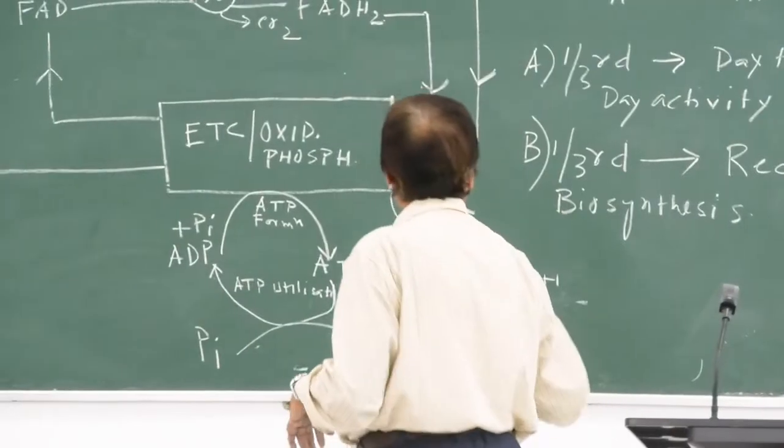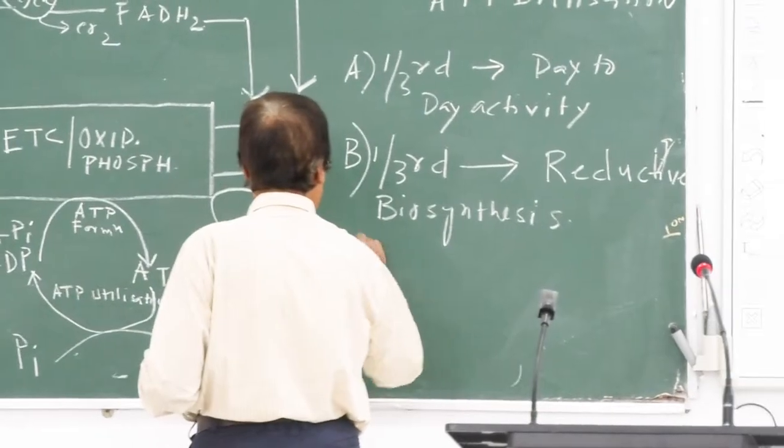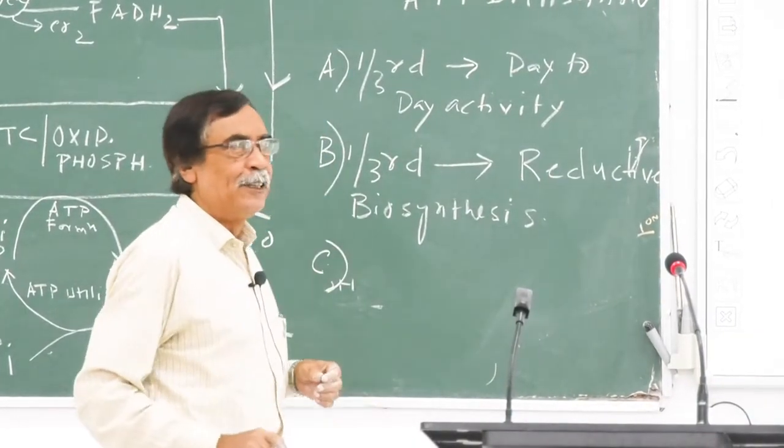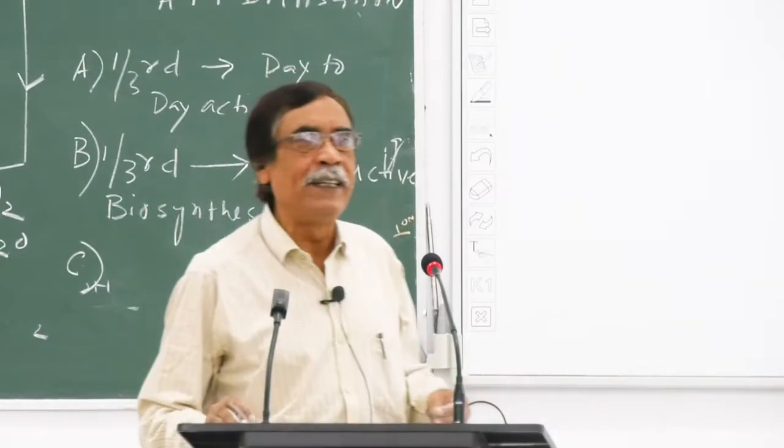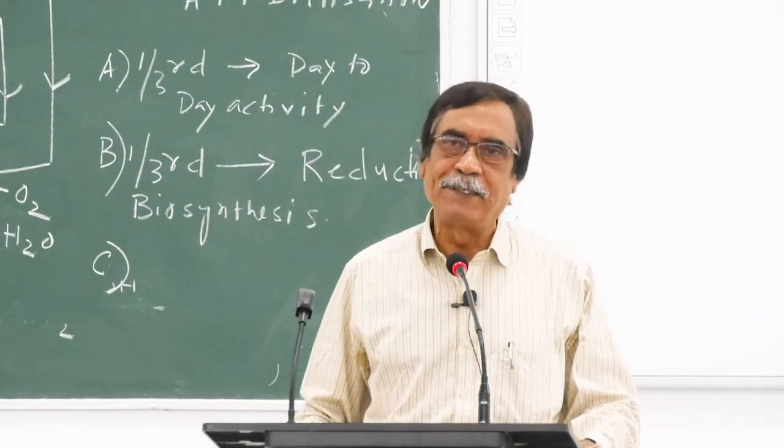and 1/3 biosynthesis. And the third category is very important to maintain electrolyte balance, particularly sodium and potassium.